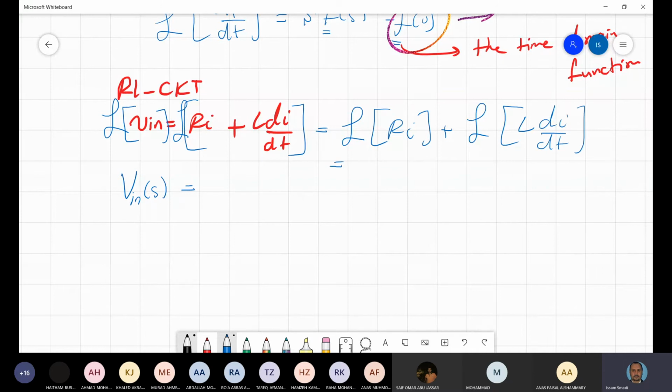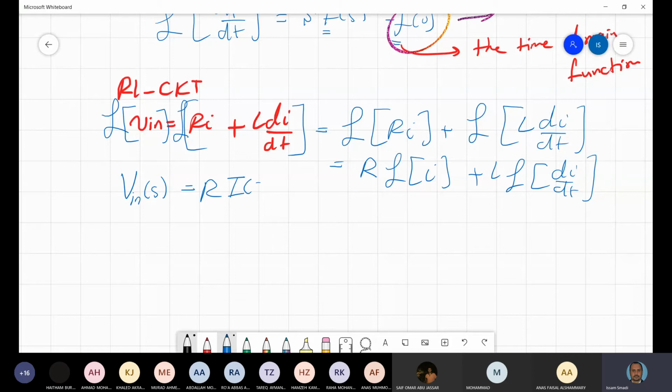And this also can be simplified such that the constant is out from the transformation. So R times Laplace transform of i plus L times Laplace transform of di by dt. So now R, Laplace transform of function is the function capital in term of s, plus Laplace transform for the derivative is what?